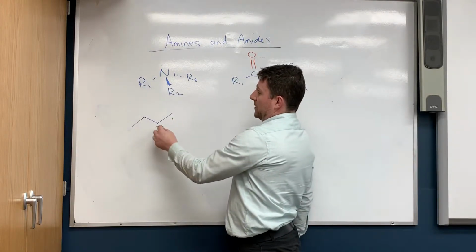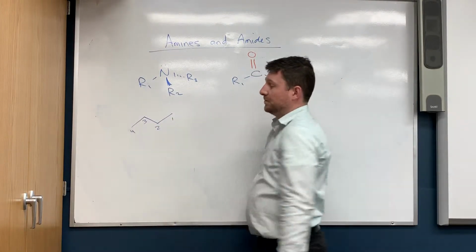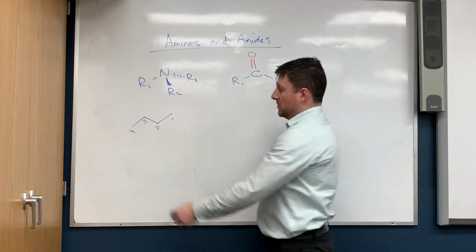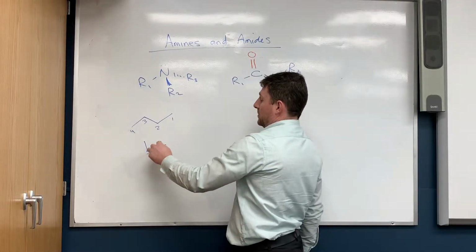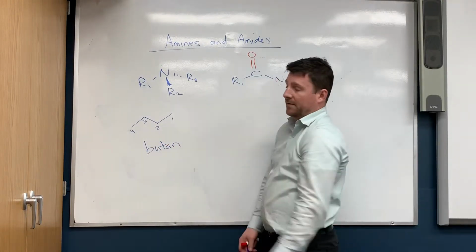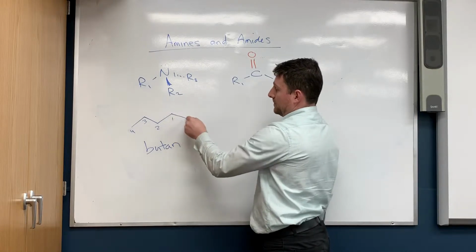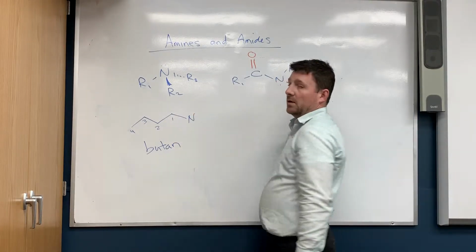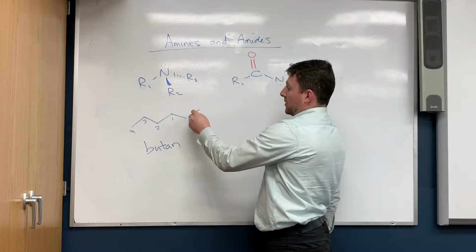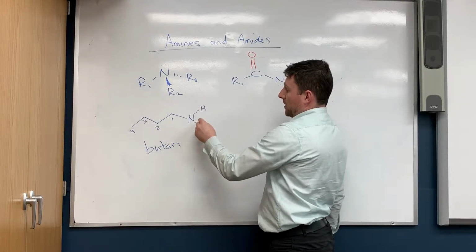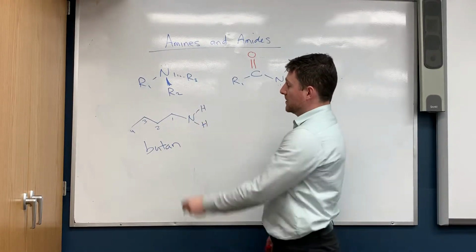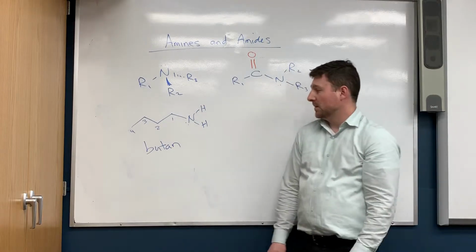If I number 1, 2, 3, 4, that would be a butane chain. So we can start with butan. And then if I put an amine, that would be a nitrogen. We'll keep it simple now by only putting 1 carbon chain on, so we'll put the other 2 bonds to hydrogen.